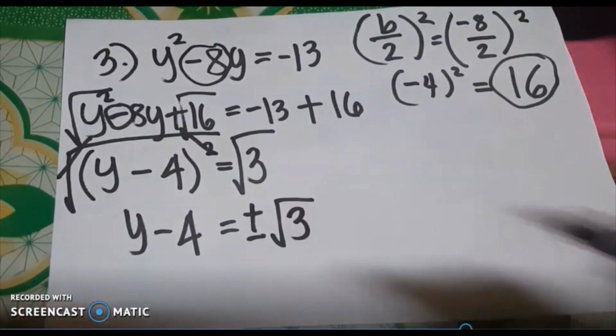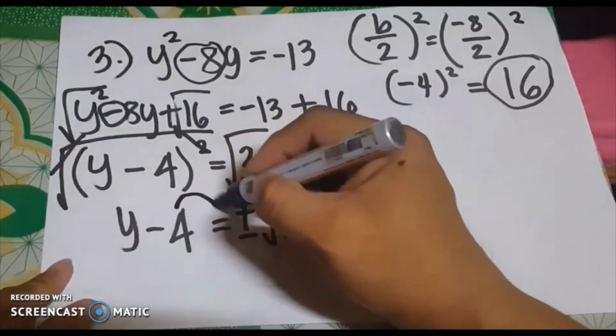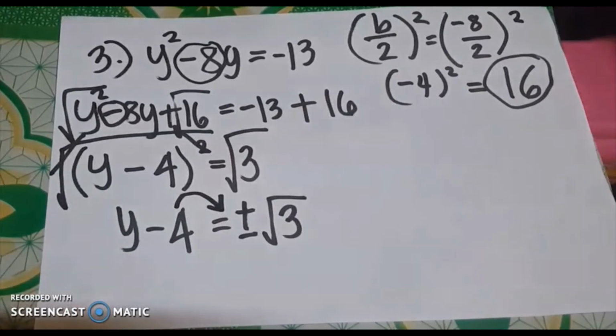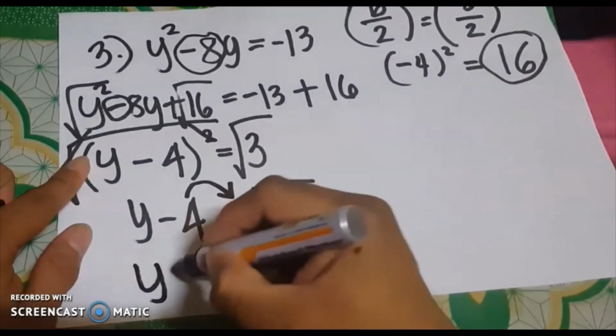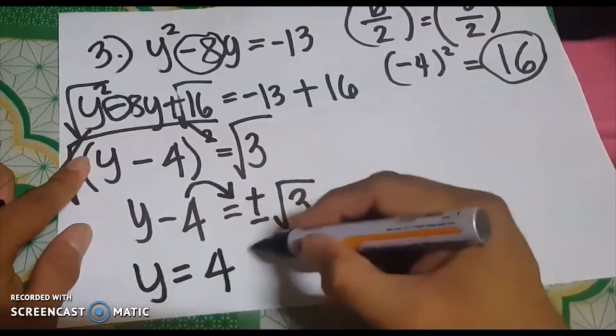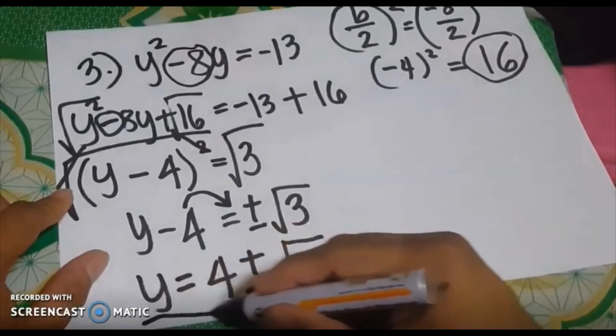So we're not yet through because y here still has negative 4 here. So all you have to do is just simply move negative 4 to the right side of the equation. So when you do that, you'll have y is equal to positive 4 plus or minus the square root of 3. Oh, this is already the solution.